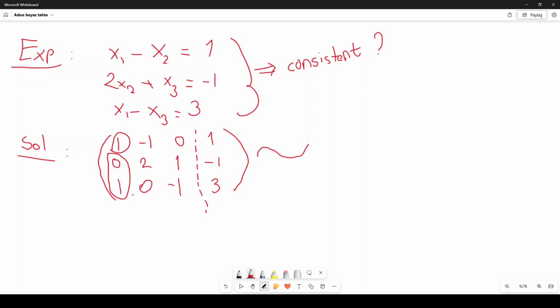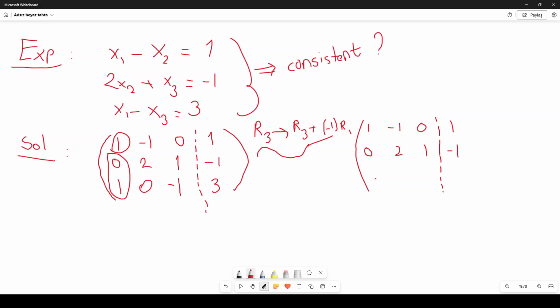But I need to replace row 3, so let's perform an elementary row operation on the third row: third row plus minus 1 times first row. This would work out. So what we get here is 1, minus 1, 0, 1. In other words, the first row remains unchanged, and the second row also remains unchanged. We have not performed any operation there.